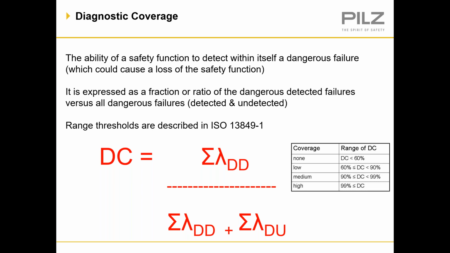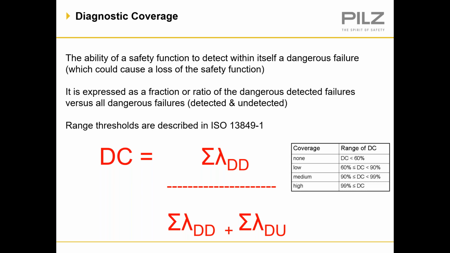So, diagnostic coverage: the ability of a safety function to detect within itself a dangerous failure which could cause a loss of the safety function. It's expressed as a fraction or ratio of the dangerous detected failures versus all dangerous failures, detected and undetected.